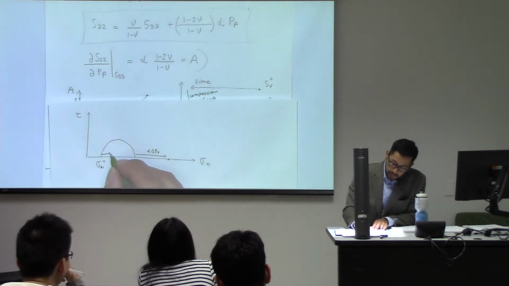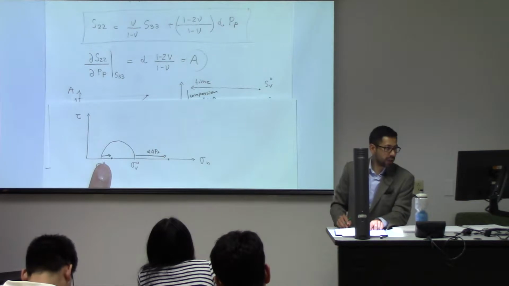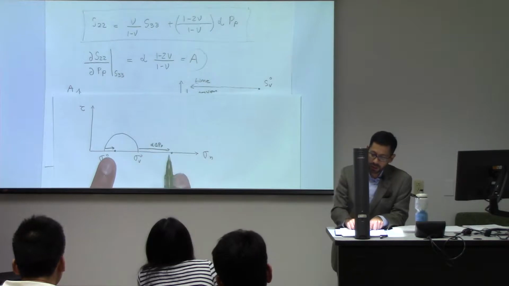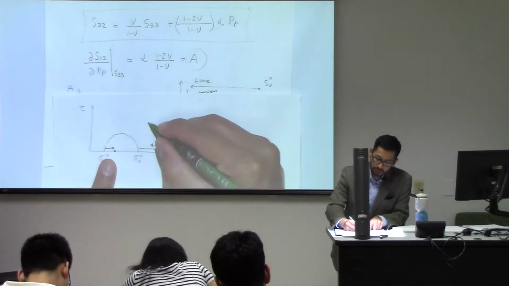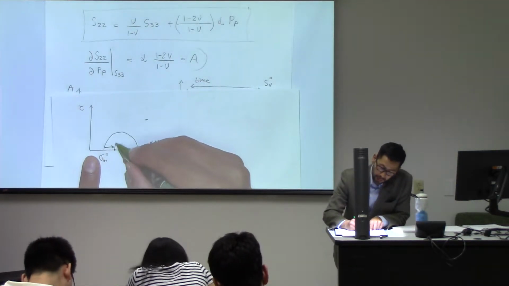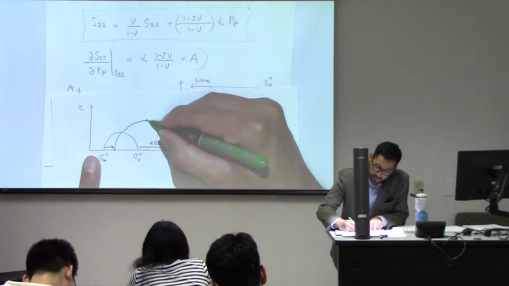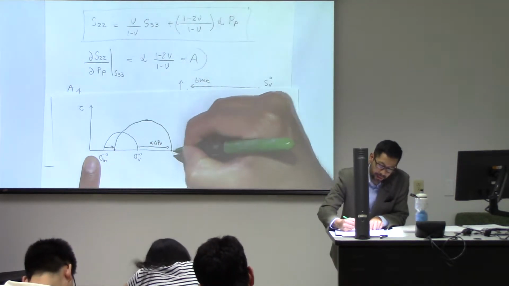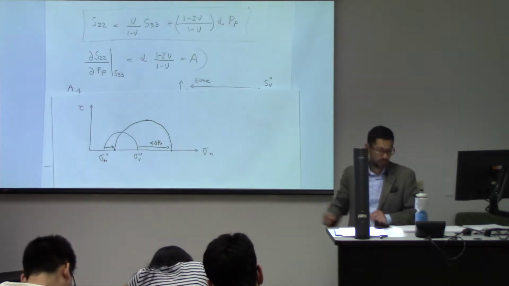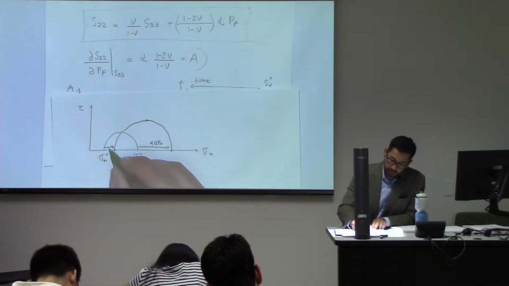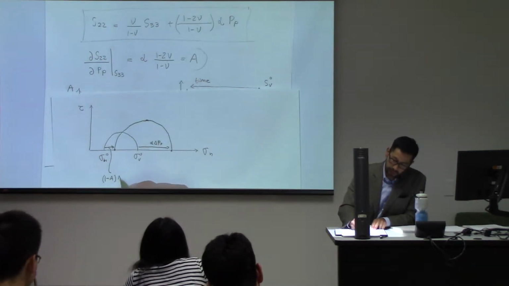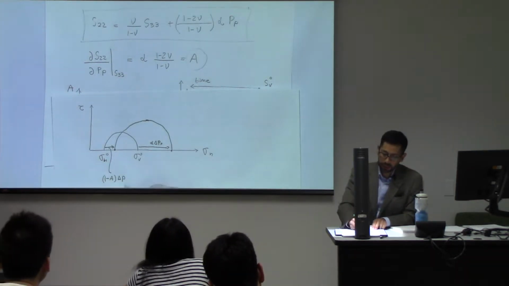As a result, before I write that change, I hope that you notice that now we have more mean stress. Both effective stresses have increased, and we have a bigger Mohr circle, and the Mohr circle has also moved to the right. So this amount over here is going to be 1 minus A delta P in absolute value.